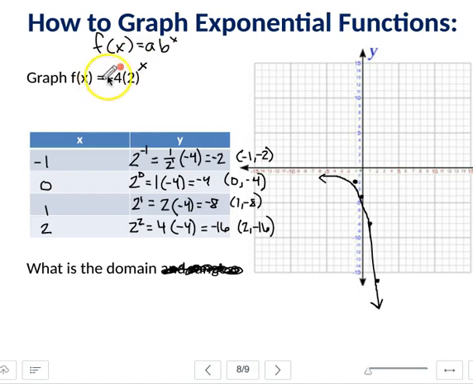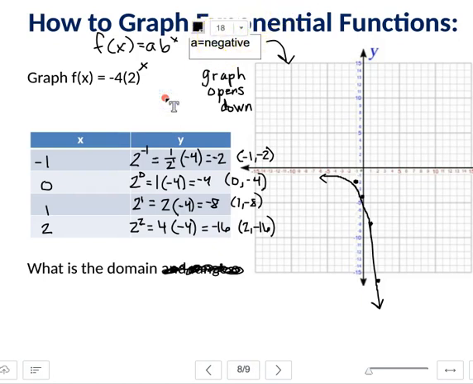When A is negative, the graph opens downward. I guess it's important to note that it has to be a negative number, not just less than 0.